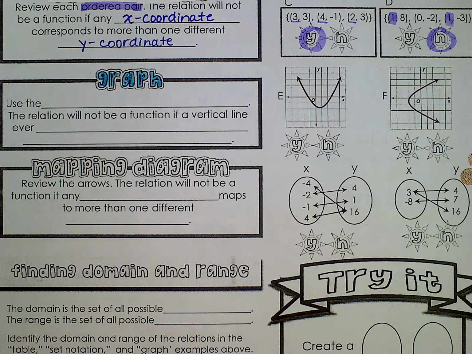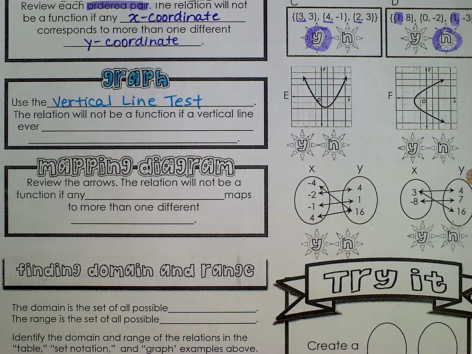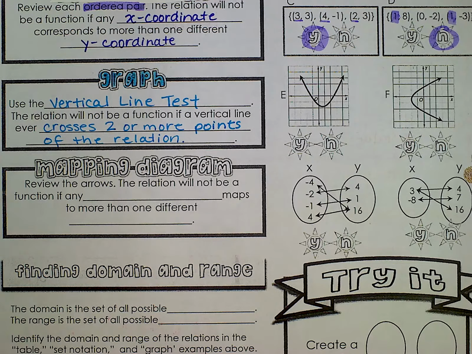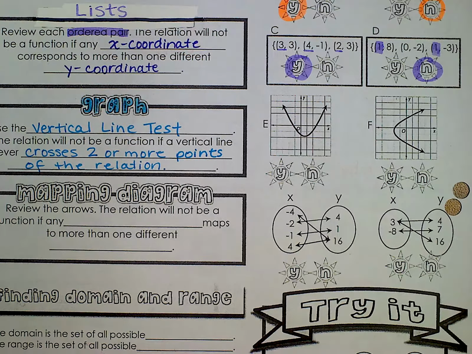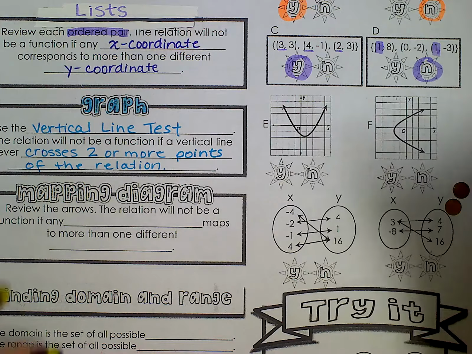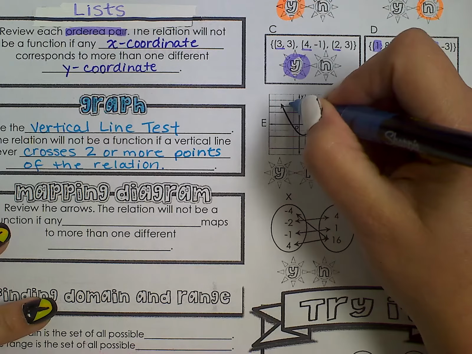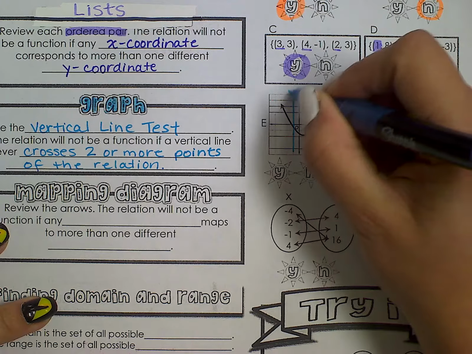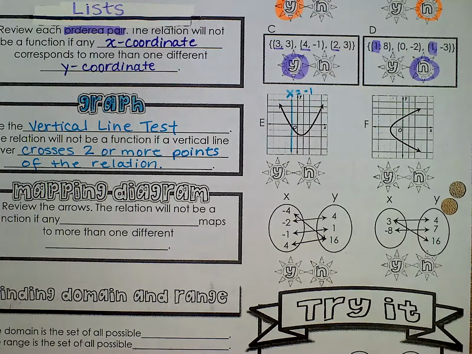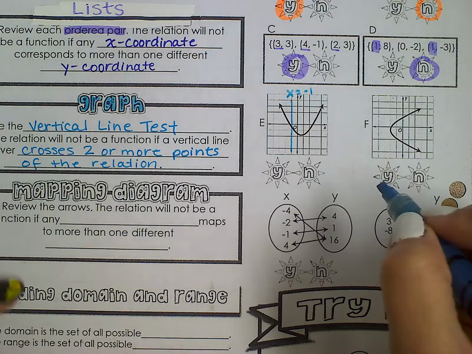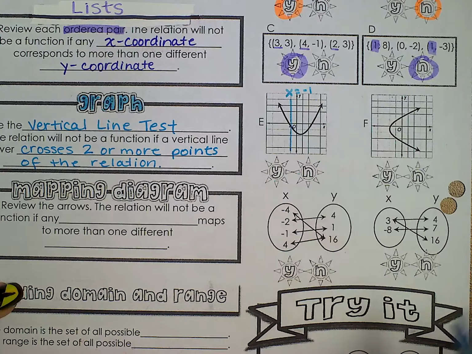For graphs, we would be using the vertical line test. The relation will not be a function if the vertical line ever crosses two or more points of the relation. Let's take a look at graphs E and F as examples. For graph E, I'm going to create a vertical line at x is equal to -1, and you'll notice that it crosses this parabola once.